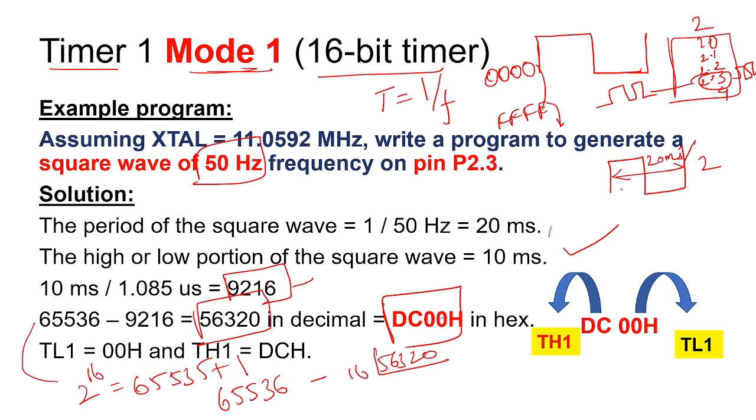Now I want to load this value in the timer register. 00 is loaded in the lower, TL1, and DC is loaded in the higher, TH1. The 1 defines that we are using timer 1, so TH1 and TL1. If you are writing the program for timer 0, I would write TH0 and TL0. Now we will proceed to the program.